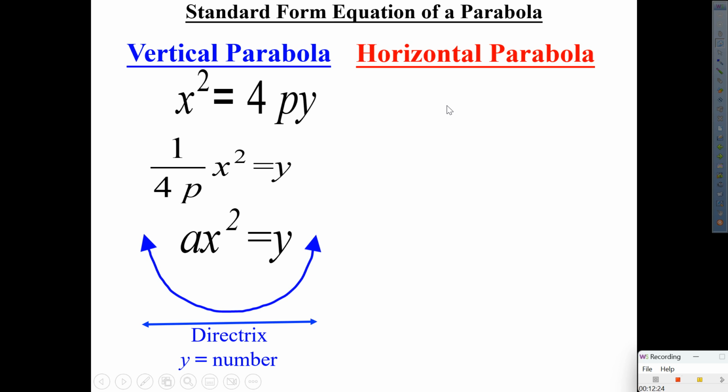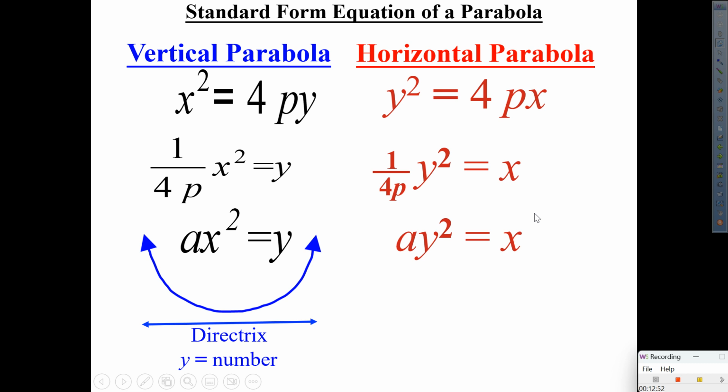If vertical parabolas start with x squared, horizontal parabolas start with y squared. Basically we just switched the variables, and it's written the same way for both. However, it's known as horizontal because instead of opening up and down, it opens which direction? Side to side. That is correct. Reflected off the directrix, it can open to the right or to the left.